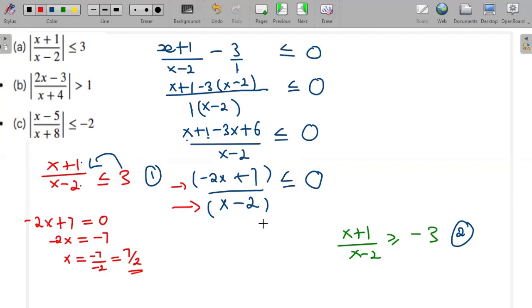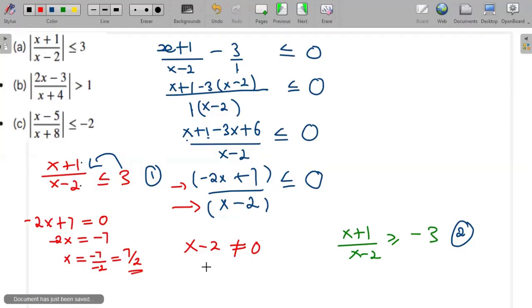So when you want to get the critical point for this factor, you always say x minus 2 is not equal to 0. Make sure you correct the other one, I've just remembered it now. When x minus 2 is 0, everything here becomes undefined.